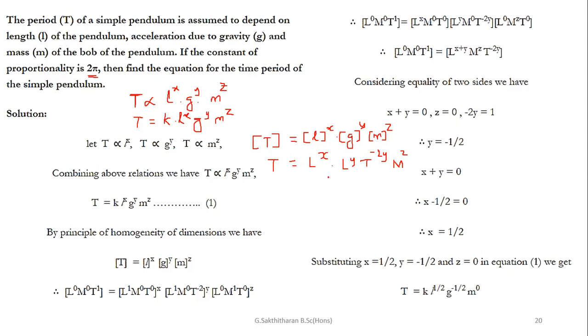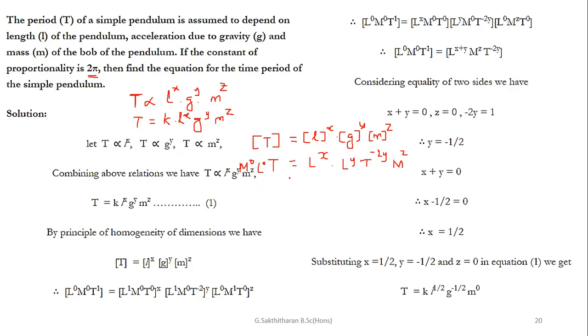So on the right hand side we have length, time, and mass, but on the left hand side we have only time. So here we can write M to the power 0 and L to the power 0. The value of M to the power 0 is 1 and L to the power 0 is 1, so they do not affect this equation.